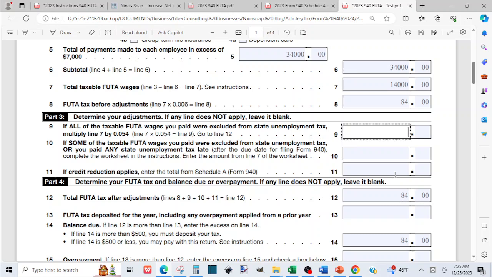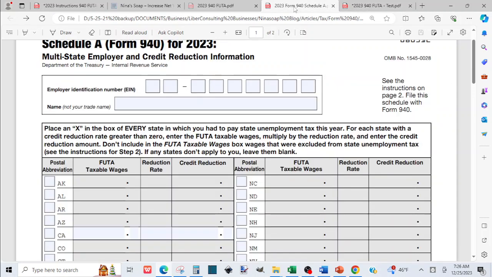If you are in a credit reduction state, which would require you to complete Schedule A, line 11, when line 9 applies to you, they say not to complete line 10 or line 11. And in that case, you do not complete Schedule A either.